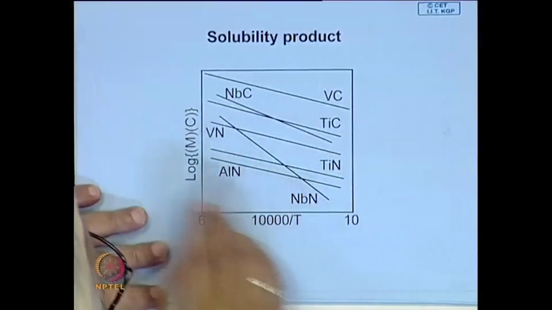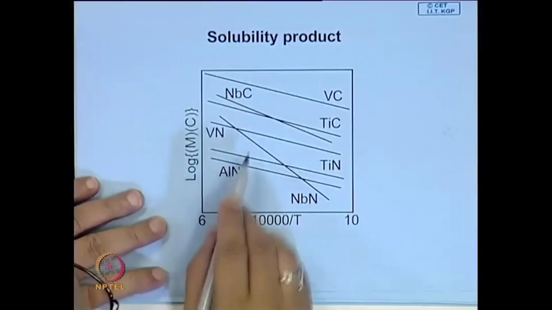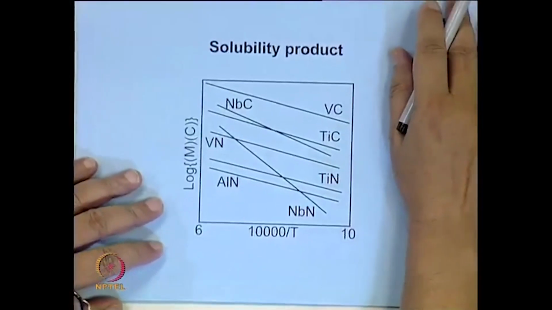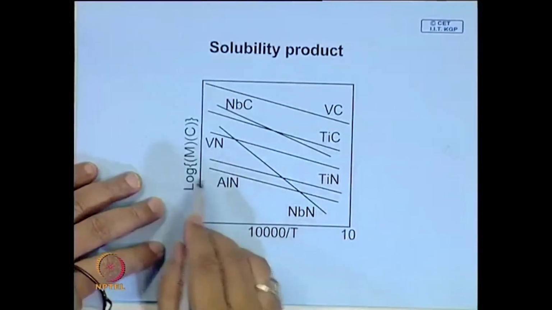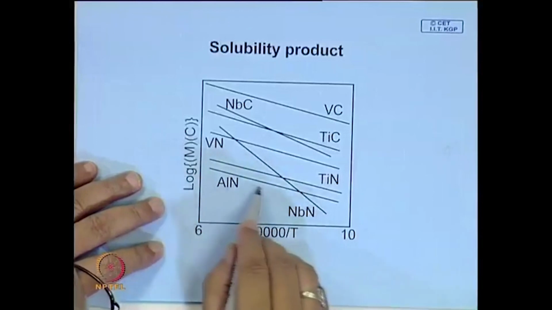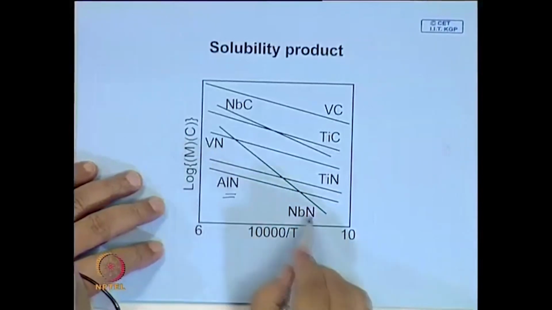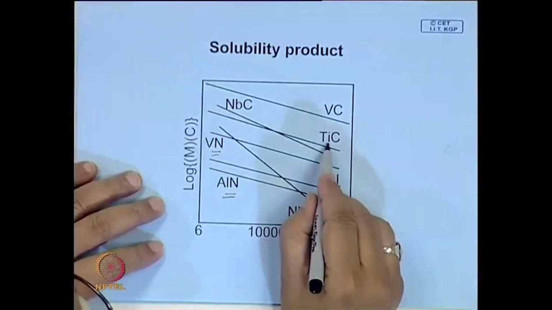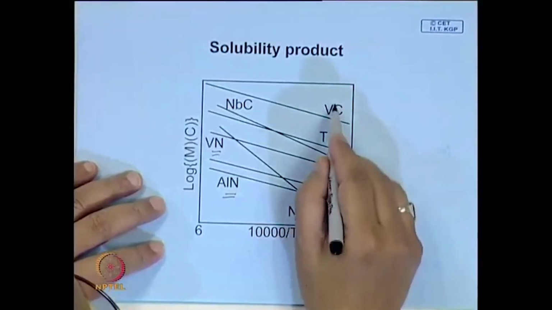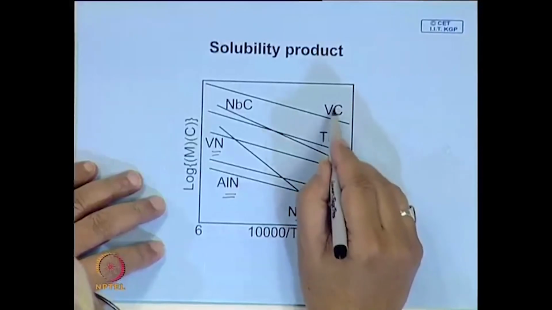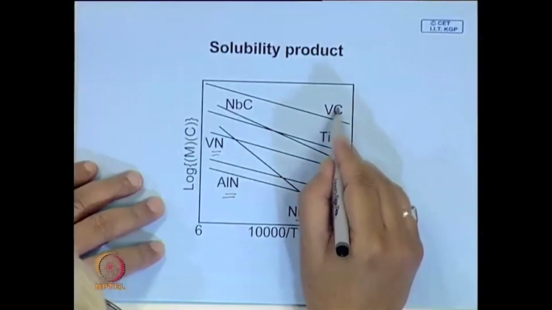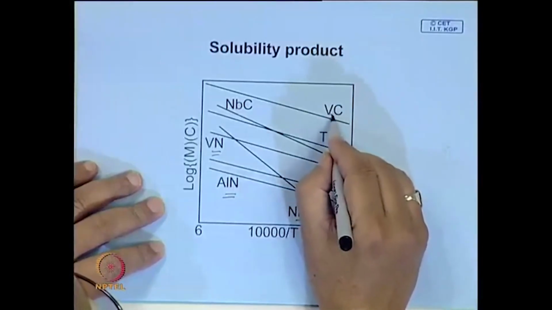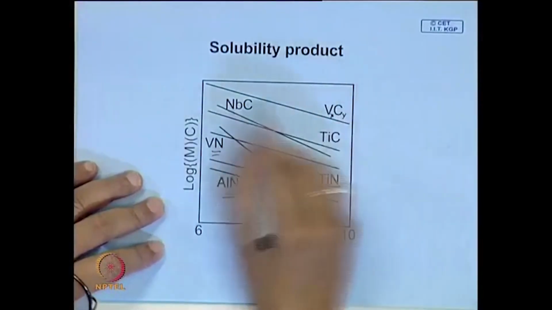So, which is shown over here, and we have seen the lower the solubility product, the better or more effective is the dispersoid. If you look at the solubility product, you find these nitrides are much more effective because their solubility is less. Relatively, carbides are approximate compositions; this need not be exactly VC, it could be some other numbers here.